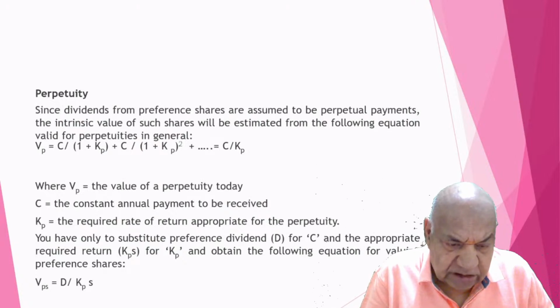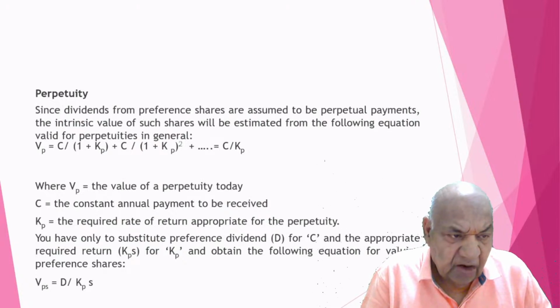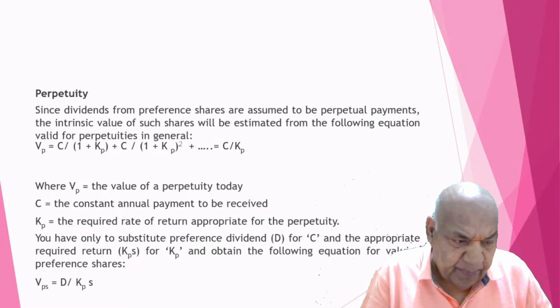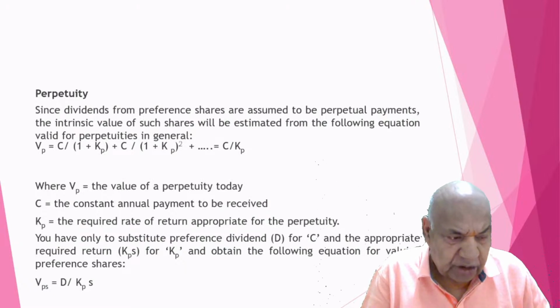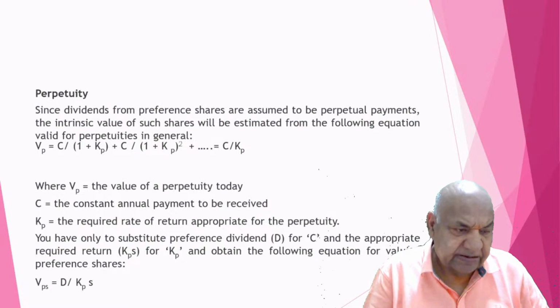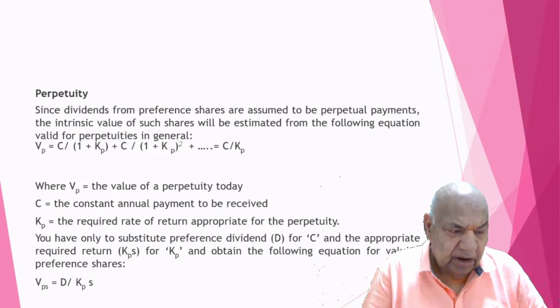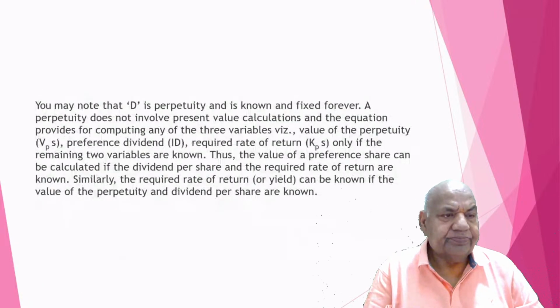You have only to substitute preference dividend for C and the appropriate required return for KPS for KP and obtain the following equation: VPS, present value, equal to D upon KPS.